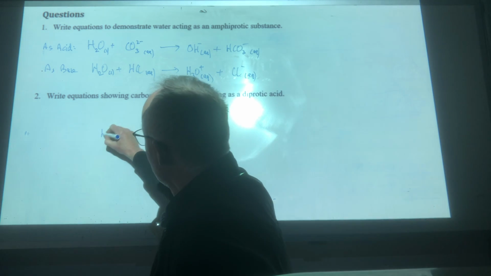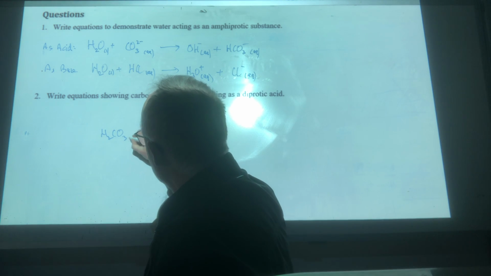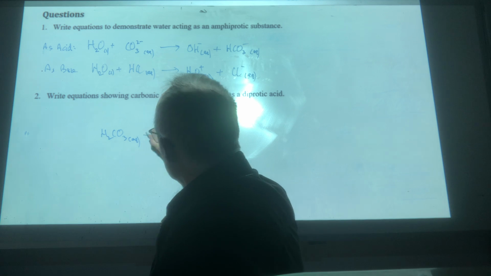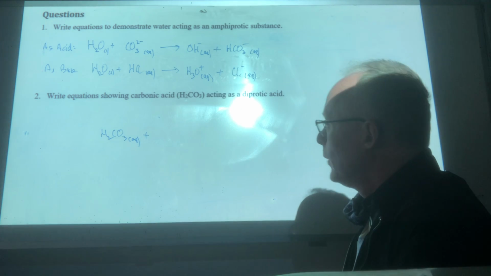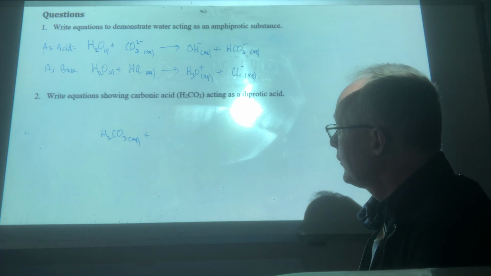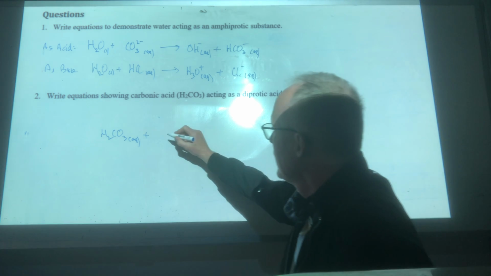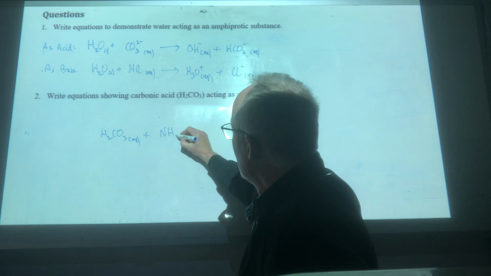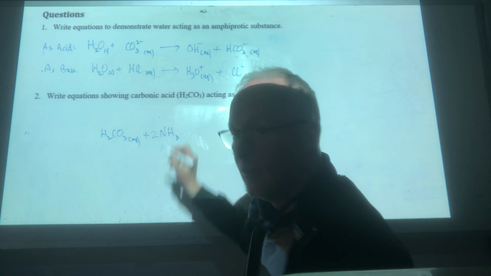So we're going to start off with H2CO3. And we're going to react it with 2 base molecules, because each one of those base molecules is going to accept a proton.